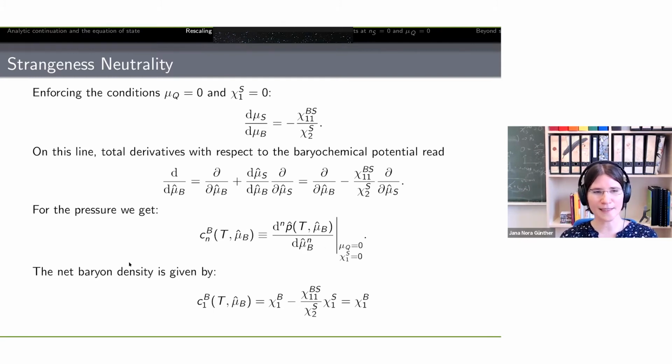Starting again with the net baryon density, so this would be c_B1, we actually notice we have the chi_1^B here, and then we get this extra term. However, since we want strangeness neutrality, this term actually vanishes because this quantity is 0, and then we just have chi_1^B again. However, if we now take higher order derivatives, we have to keep in mind that this term might also contribute in some way.